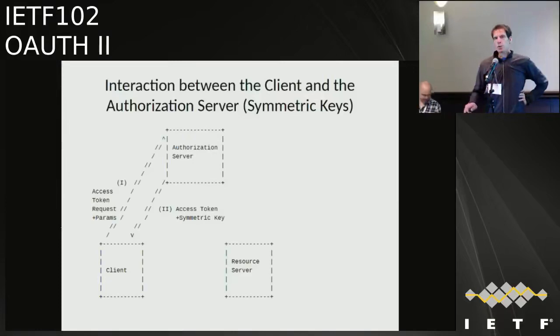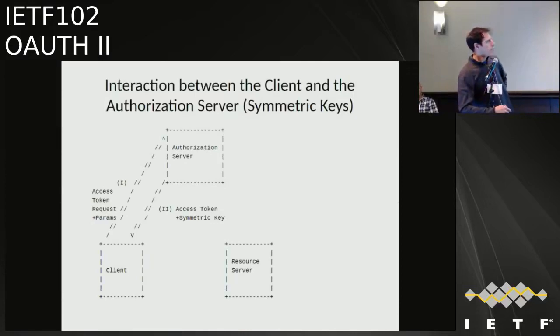We had these two slightly different patterns for symmetric versus asymmetric keys. Start with the symmetric key version first. When the client talks to the authorization server to get the access and the refresh token, it made that request and indicated that it wants a symmetric key version, and there are a few parameters that are passed along, which I will describe in subsequent slides.